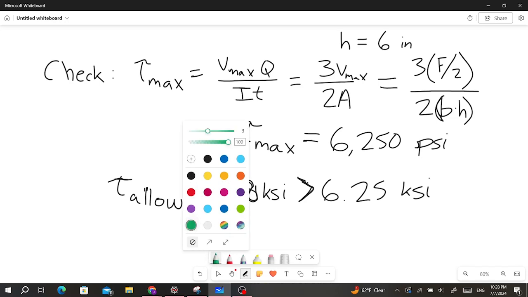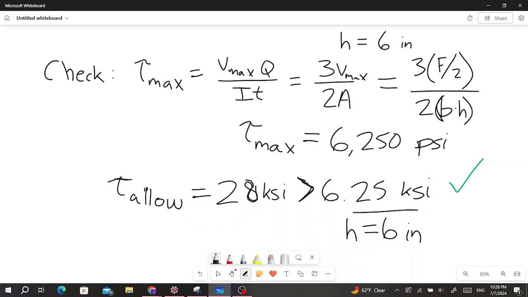So we can say that this works just fine, and the H that we want to use in this problem is 6 inches. We need an H of at least 6 inches to satisfy both the bending stress and the shear stress allowables.